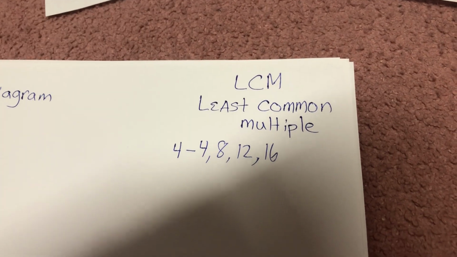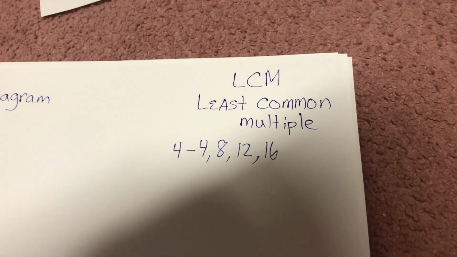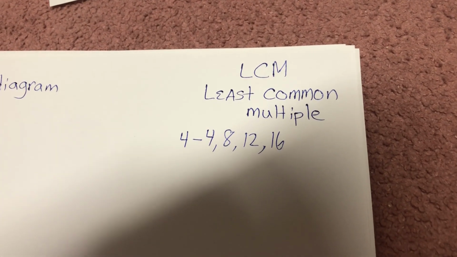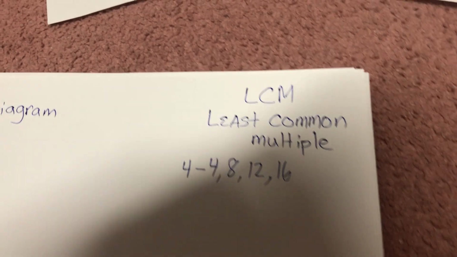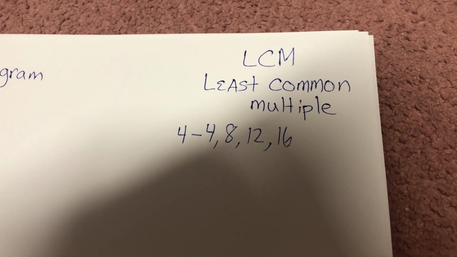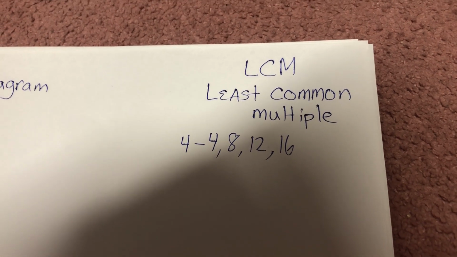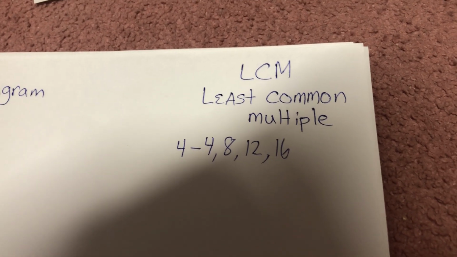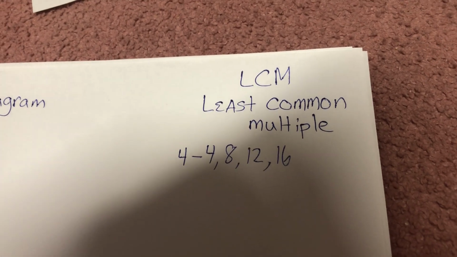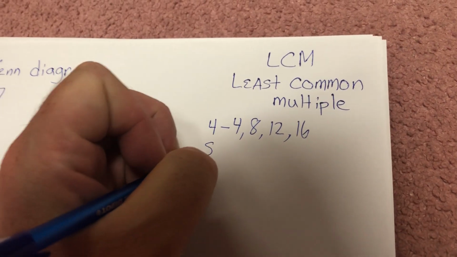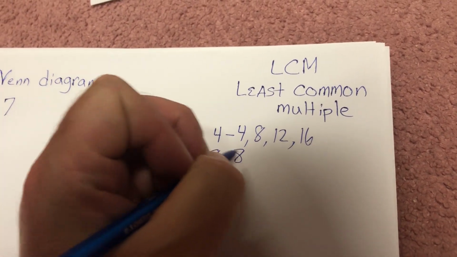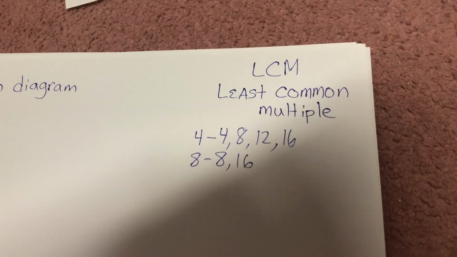When we talk about common multiples, those are when we have more than one number. We'll be working with either sets of 2 or 3. Those are where you find that number as a multiple of both. For example, let's say I had the number 8 here. Well, 8 times 1 is 8. 8 times 2 is 16.